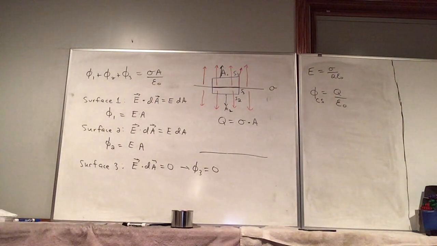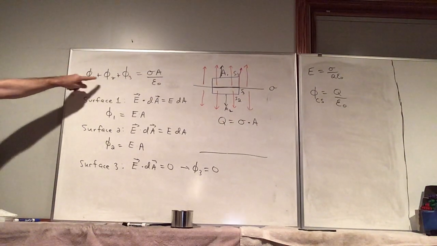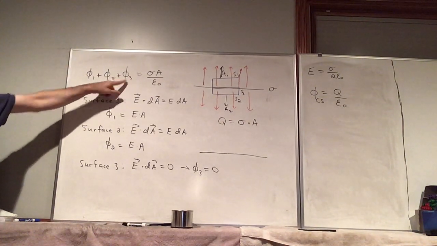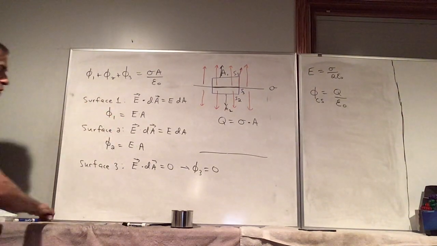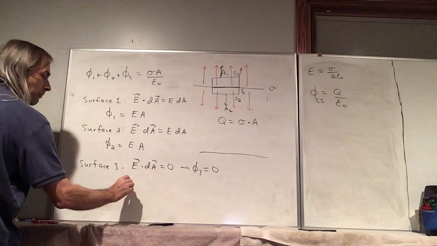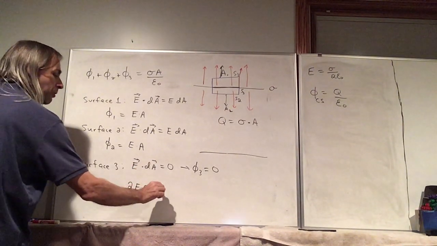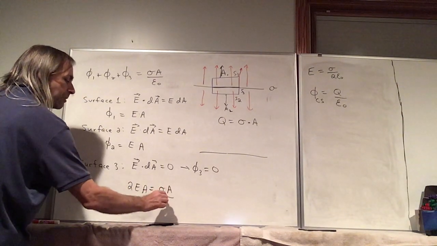So there's no flux through surface 3. And so if we go back to this equation, we have flux 1 plus flux 2 plus 0. So this is going to be 2EA, is equal to sigma A over epsilon naught.